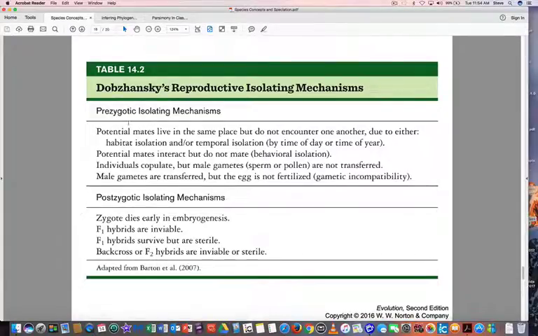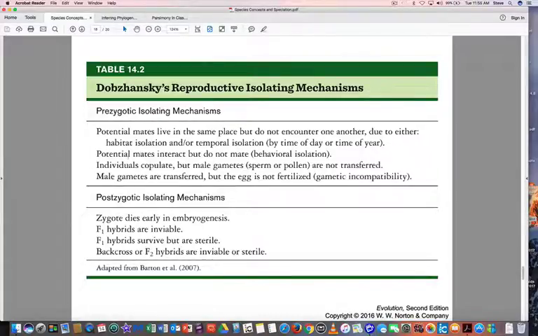There are also obviously a lot of things that occur in prezygotic isolating mechanisms where potential mates of different species can live in the same place but do not encounter one another due to a bunch of different reasons. They can live in different habitats within the same geographic area, or they're temporally isolated by time, so they're active at different times of the day or different times of the year.